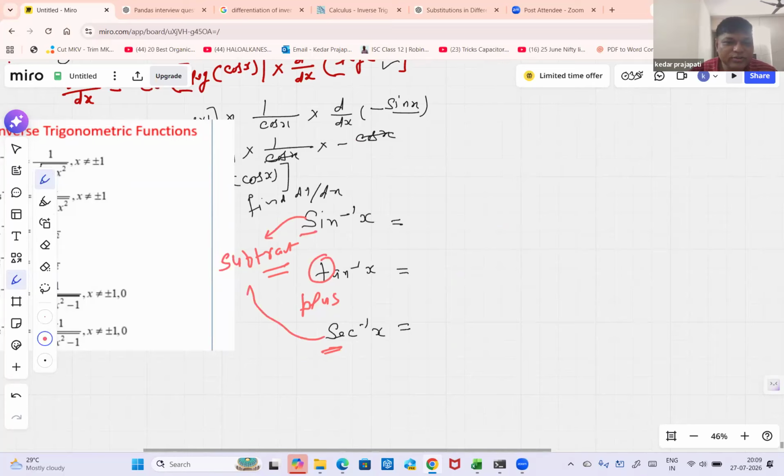So both will stand for subtract. So in denominator of all three, s means subtract, so write minus. Sine also is subtract, so write minus.